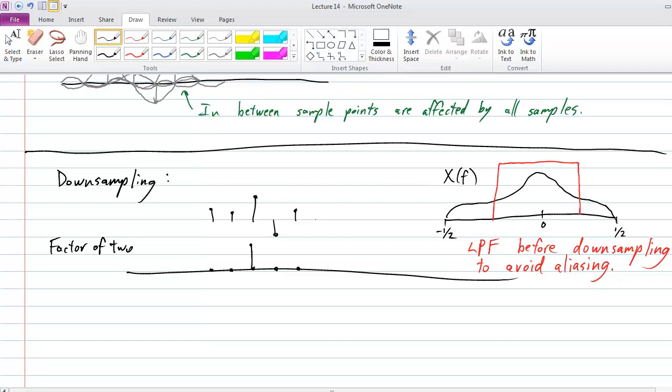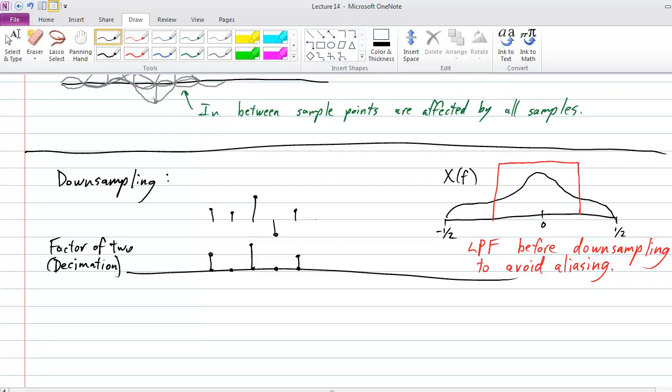This decimation is not what we would ideally want in downsampling. We don't just want to throw away every other sample without first applying a low-pass filter. Just throwing away every other sample, for factor of 2, we call that decimation.